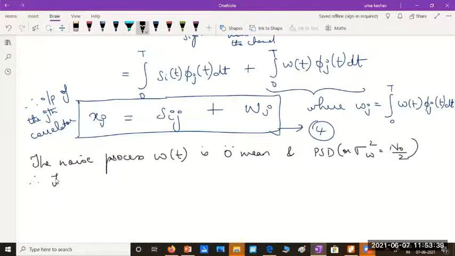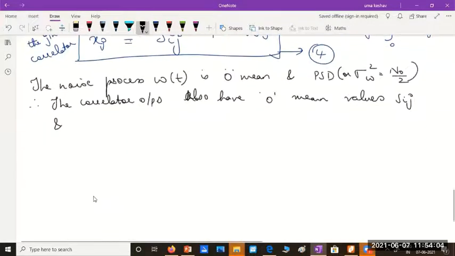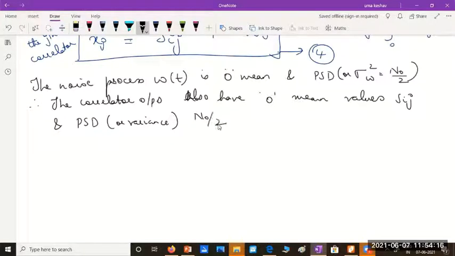Therefore, the correlator outputs also have zero mean values Sij and the PSD or variance n naught by 2 for Wj or W of t, we'll say.